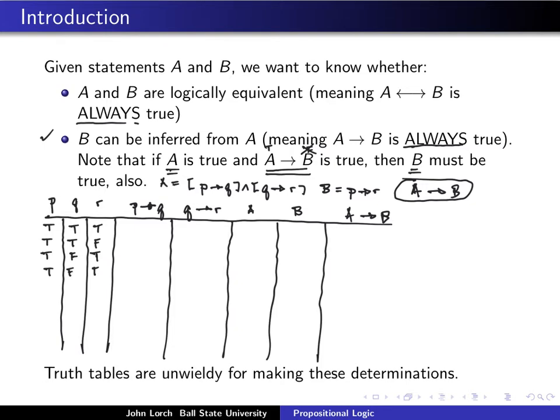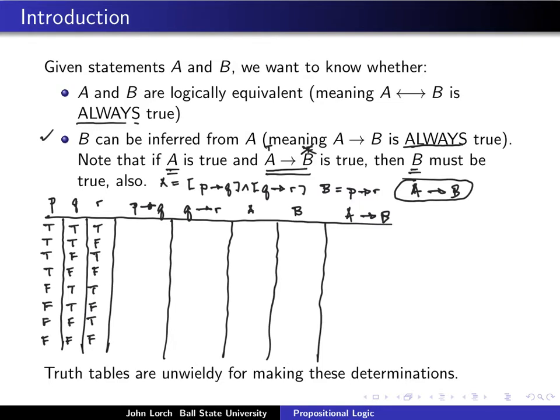So in all of the values I've written down, P is true, and now we look at the ones where P is false. And we finish with all of P, Q, and R being false.